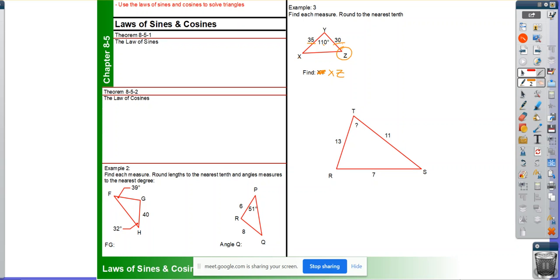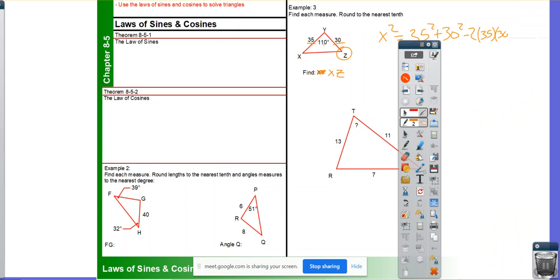Okay, so what we would do, right, is x squared is equal to 35 squared plus 30 squared minus 2 times 35 times 30 times the cosine of y. Wait, would it be cosine? Yeah, I agree.